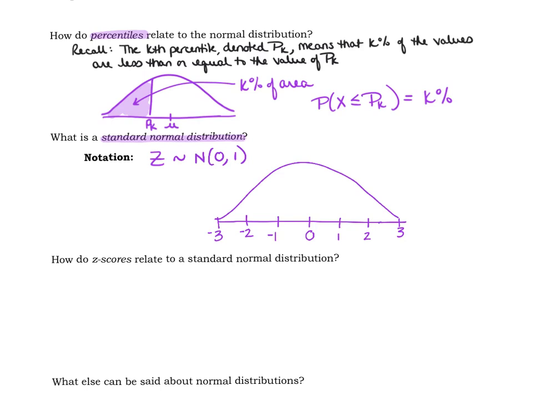So, how do z-scores relate to a standard normal distribution? Well, this is pretty straightforward, actually. The standard normal distribution is the distribution of z-scores.